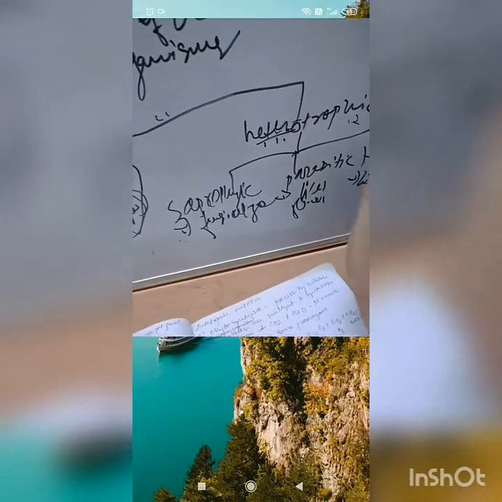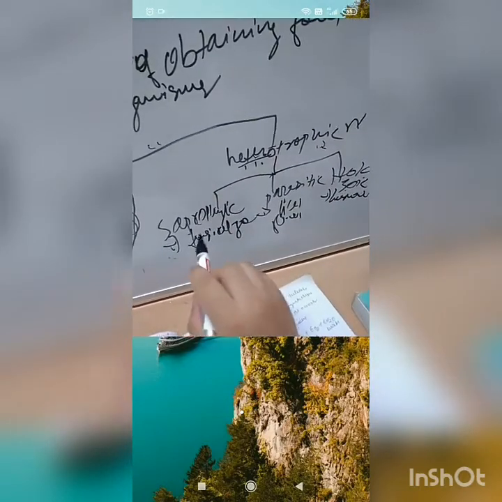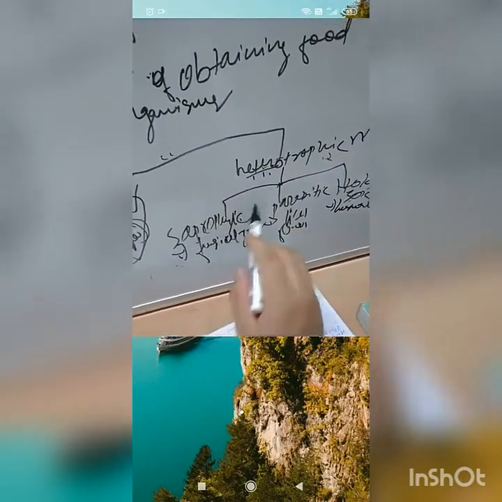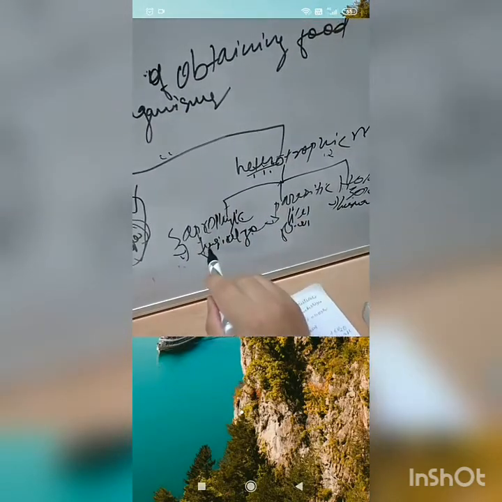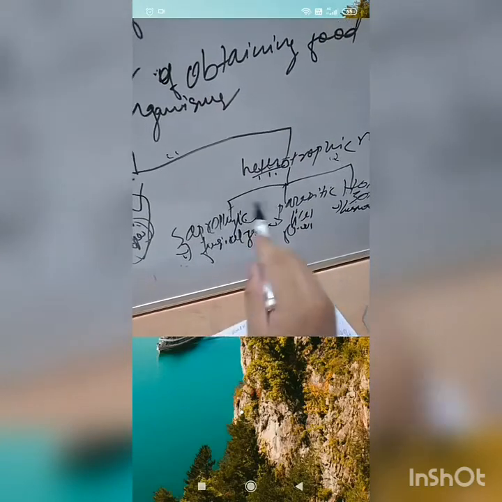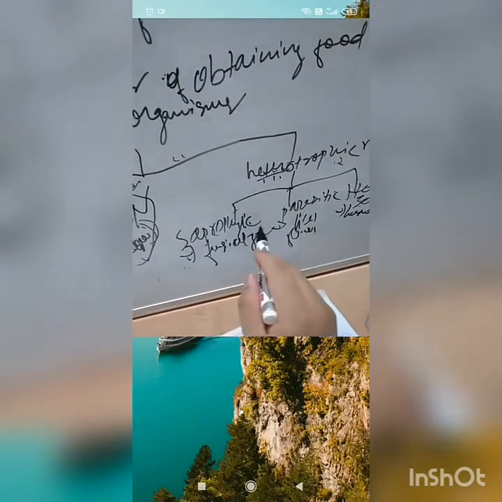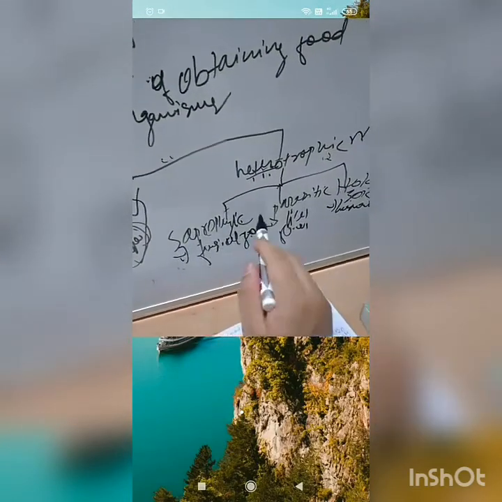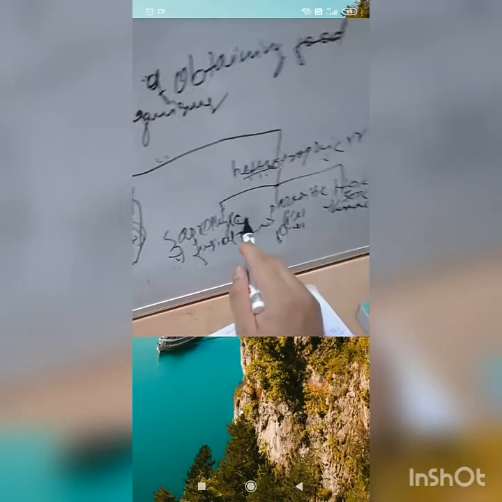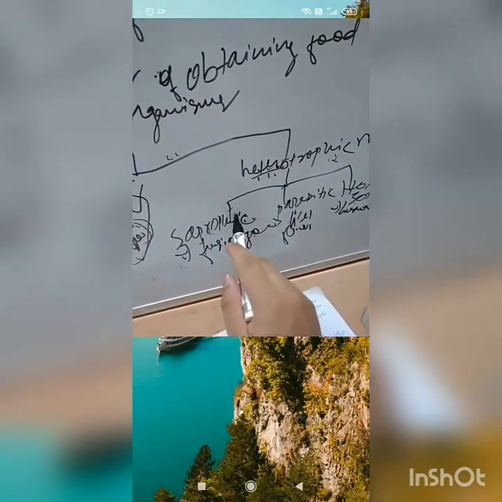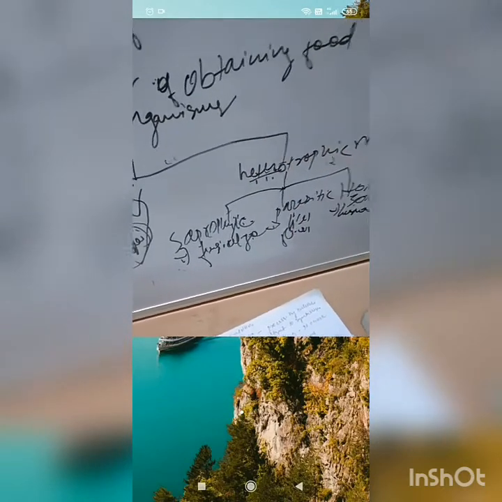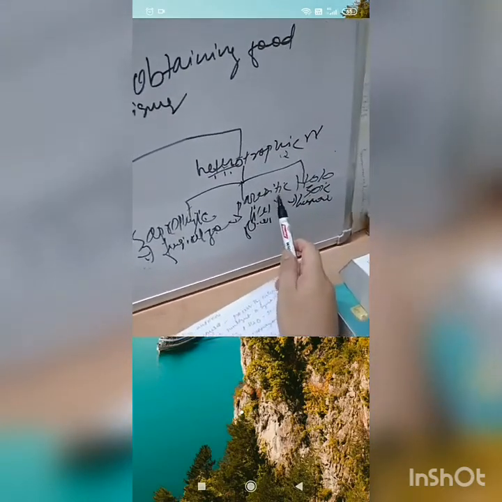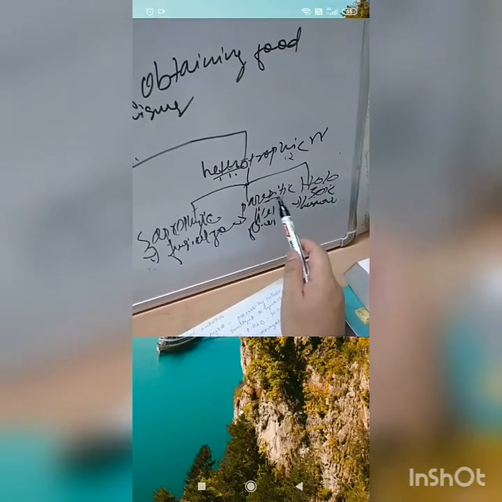The saprophytic mode of nutrition comes under heterotrophic nutrition. The examples are fungi and algae. They have specialized tissues with the help of which they make food, and for that they need to take food from other organisms.